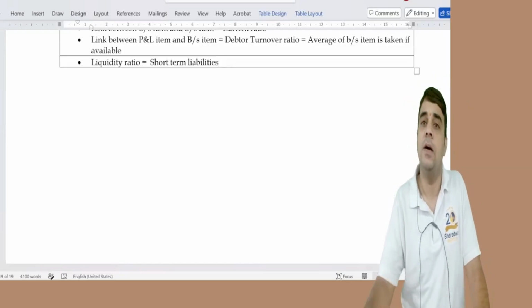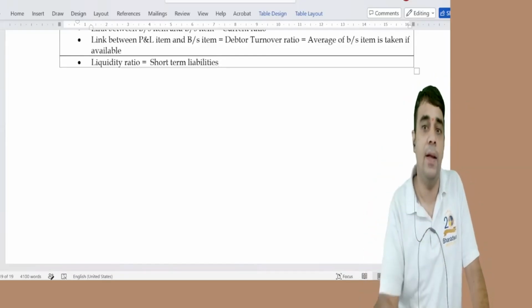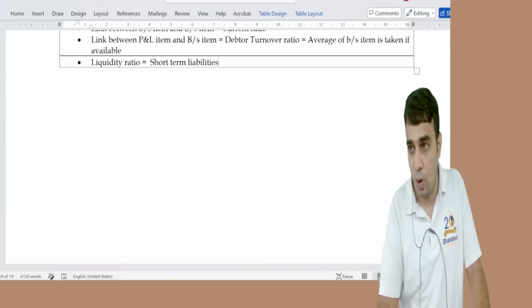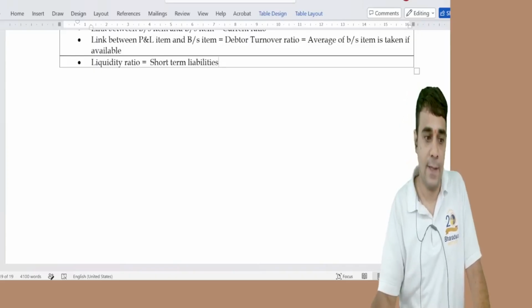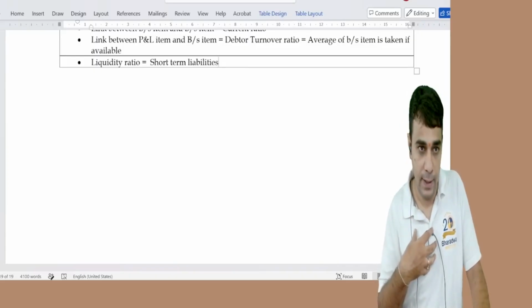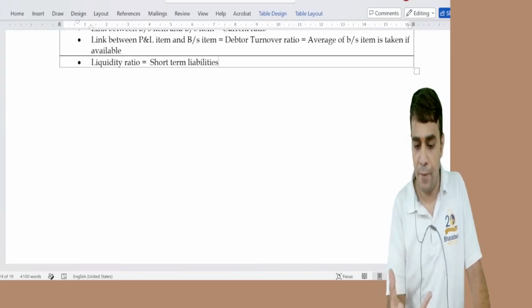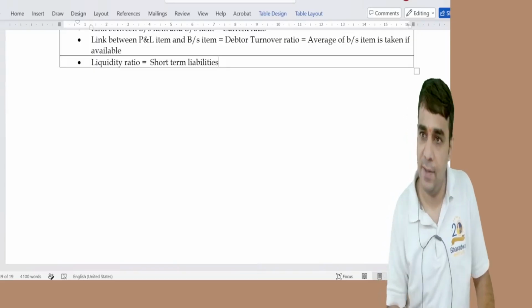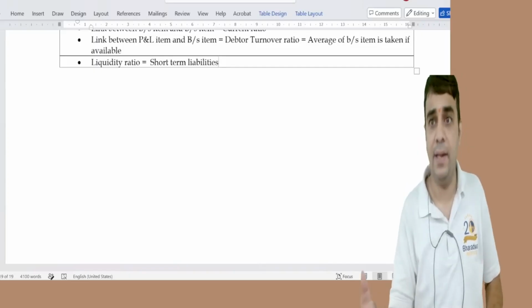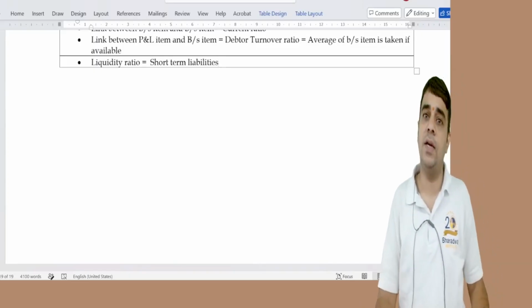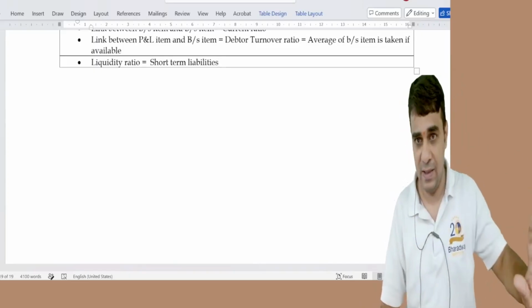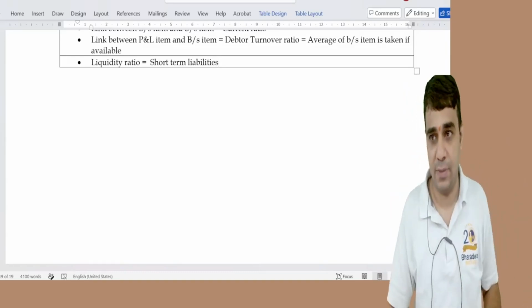Lot of times a business could be doing really well, making a lot of profits. For example, I earn good money, but instead of keeping that money in a savings account or in liquid form, I invest in lots of investments which have a lock-in of 5 years or something.